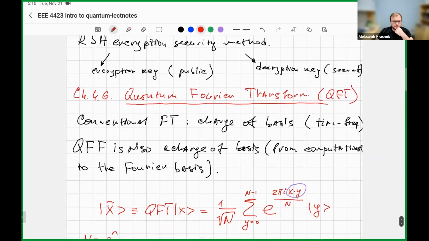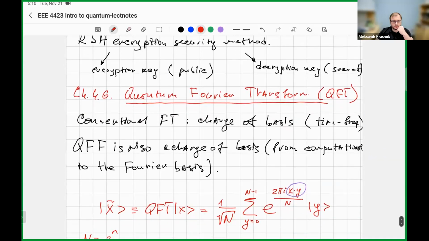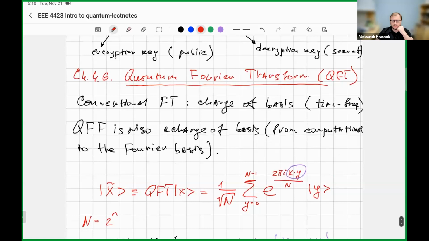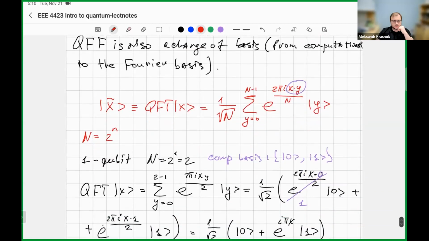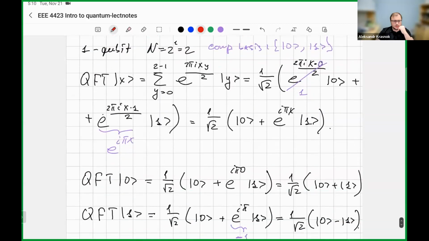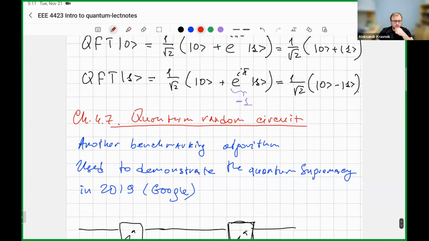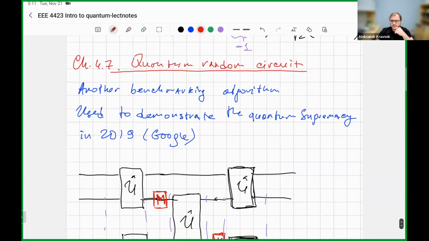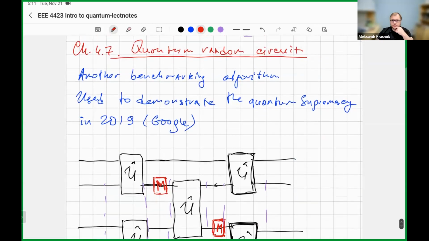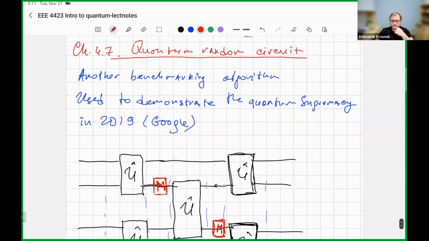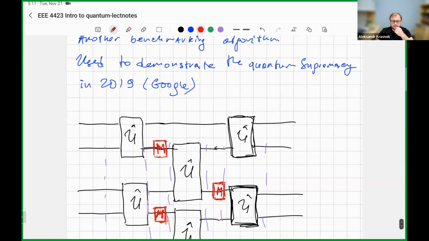All right, then we also said a few words about the quantum Fourier transform, which is basically the change of basis from computational to Fourier, and vice versa. And the quantum random circuit, which is a very simple algorithm to understand.